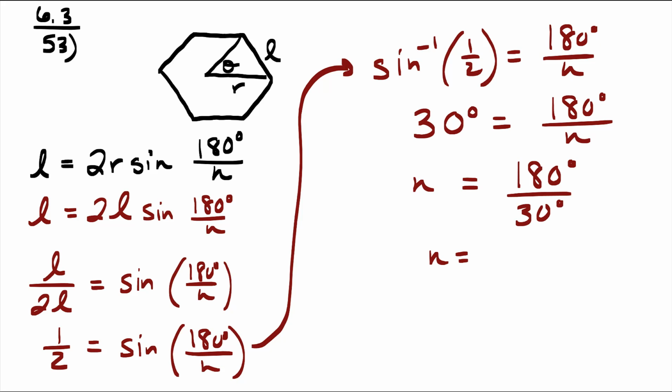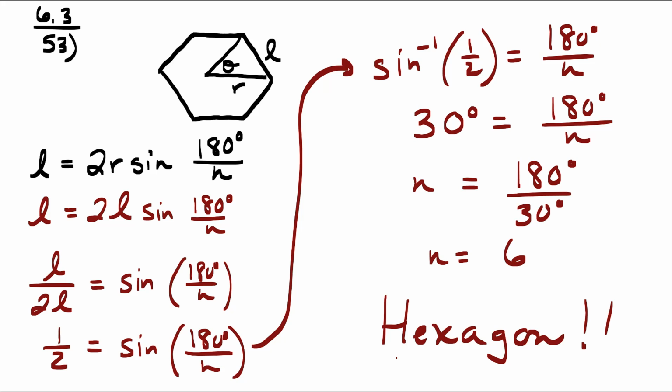What in the world does this prove? In order for the radius and the side length to be exactly the same, that is only going to happen when you have 6 sides. So that only happens when you have a hexagon. Alright, that's what we just proved, which I think is pretty cool.